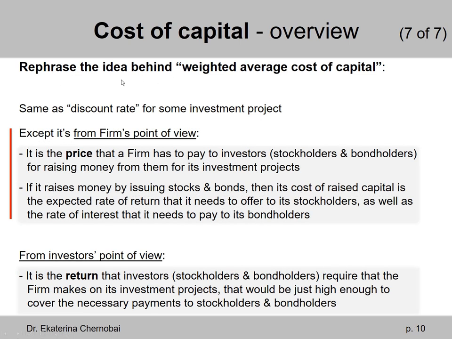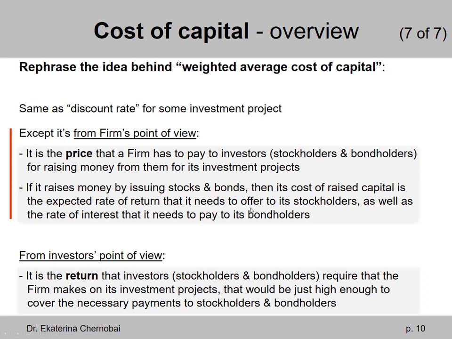Let me rephrase the idea behind the weighted average cost of capital. Essentially, for the first time in this class, we are looking at things like dividends that the investors who are buying shares of stock receive, or coupon payments that the investors who are buying bonds receive.